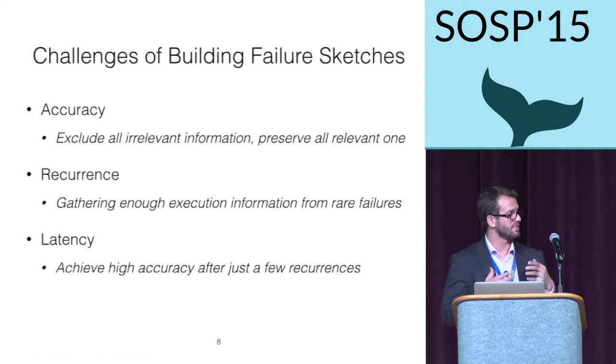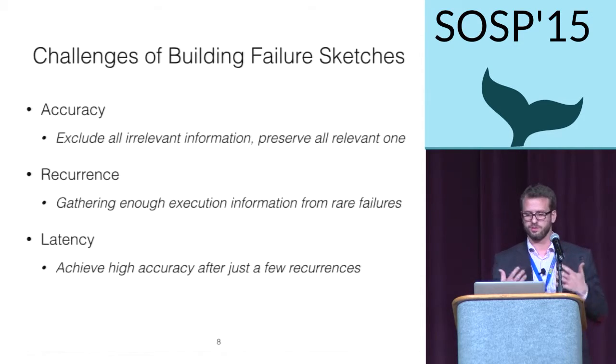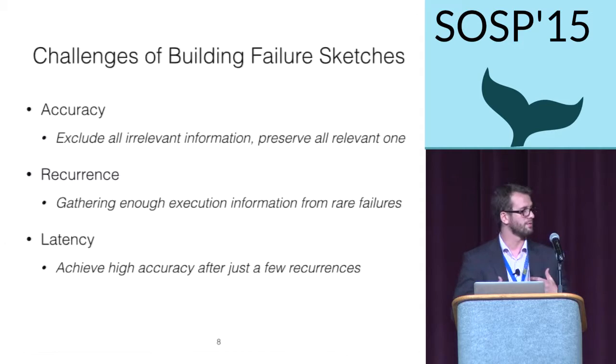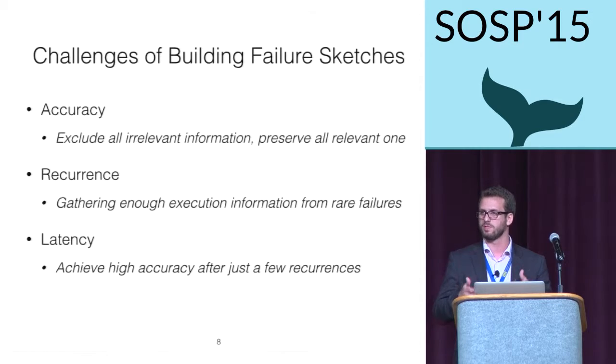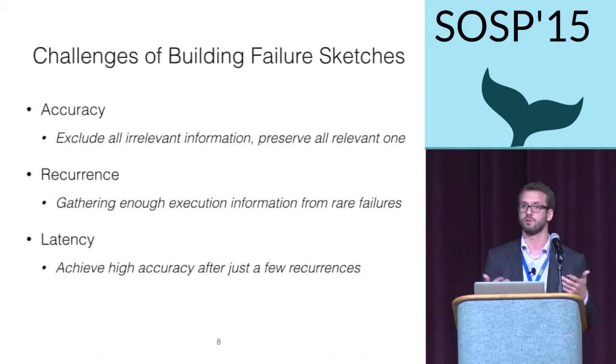The last challenge is the latency challenge, and it's related to the recurrence challenge. In other words, it's hard to build failure sketches only after a few recurrences of a failure. In particular, building a failure sketch has to take at most as much time as it would take for a developer to figure out the root cause of the failure by themselves.